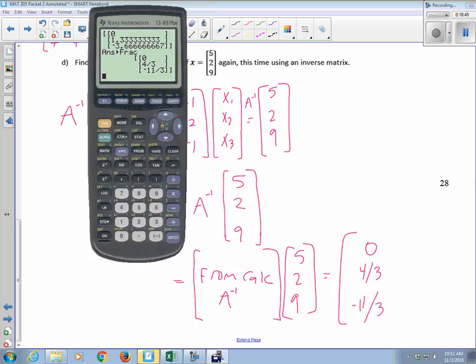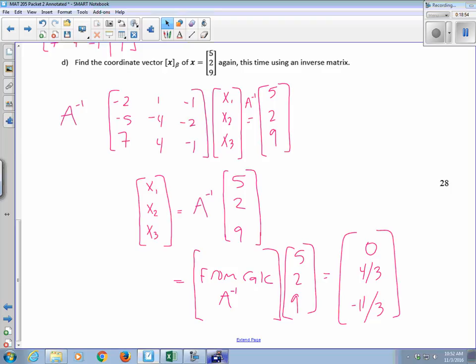Which is what we got when we did it by row reducing. It's just another way of solving the same equation.